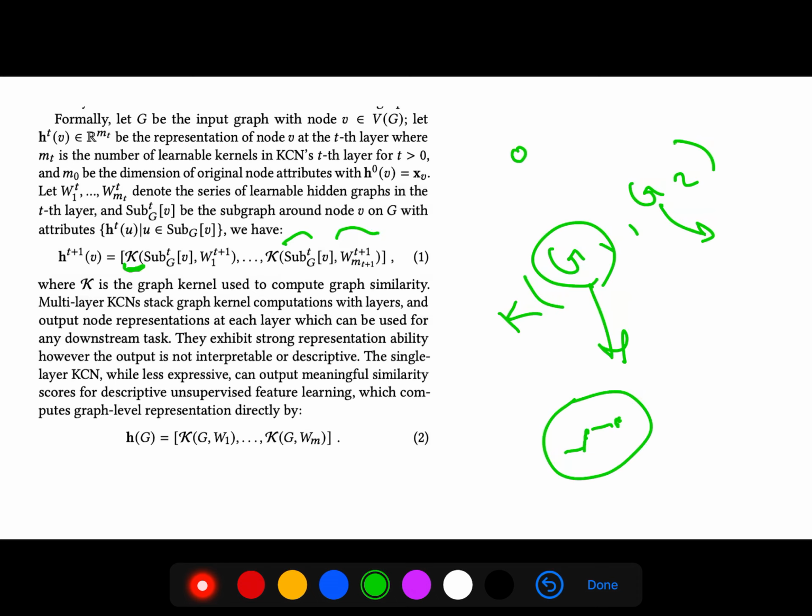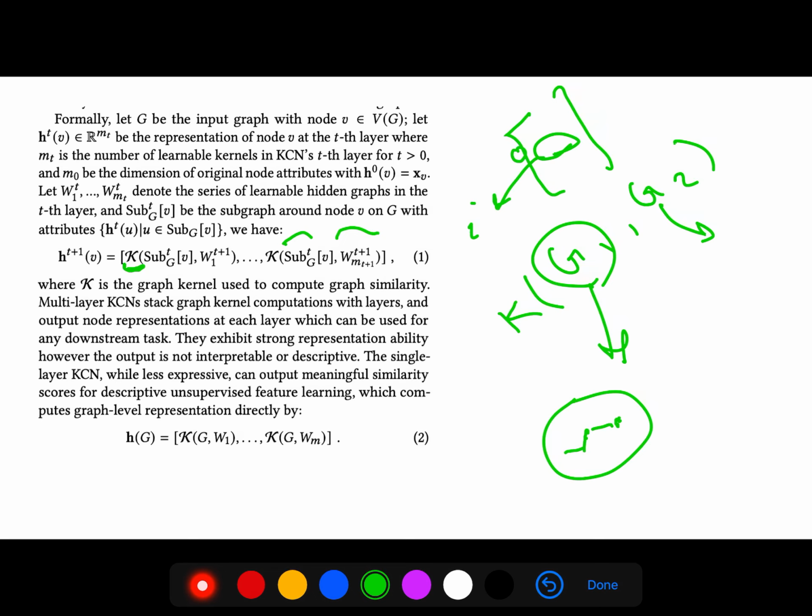The way they create node features is interesting to me, because they create a vector for each node. Each entry they defined using two kernels, of course two different versions of their model: one with the WL kernel, the other with the graphlet kernel.